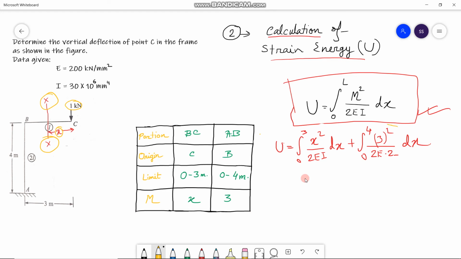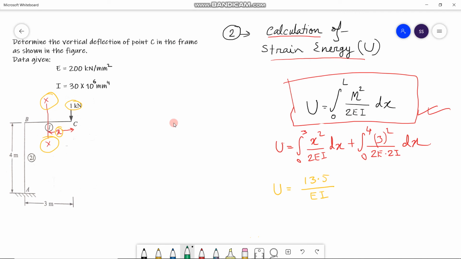This total summation deals with the calculation of total strain energy for the entire frame. Upon further calculation, we get U equals 13.5 by EI. That means the total strain energy for the entire frame is U equals 13.5 by EI.